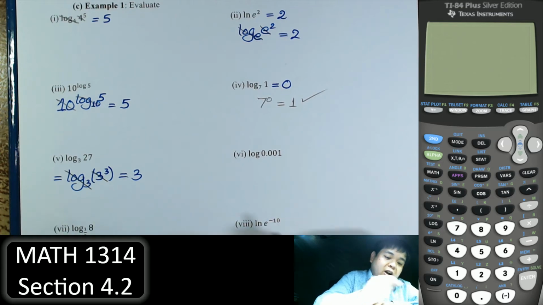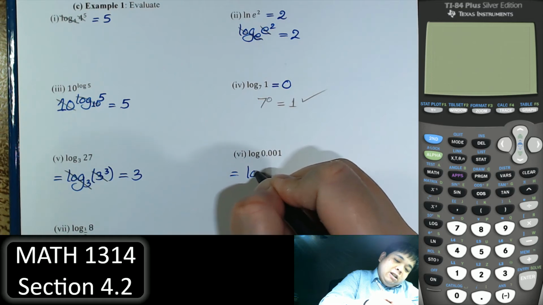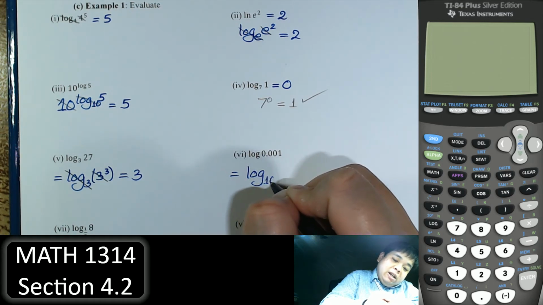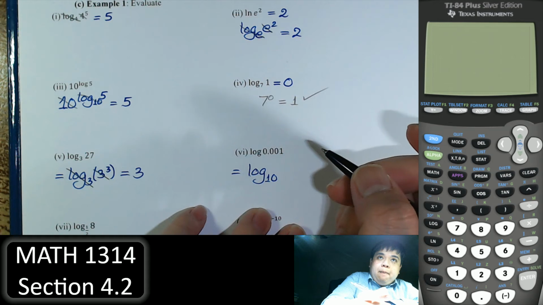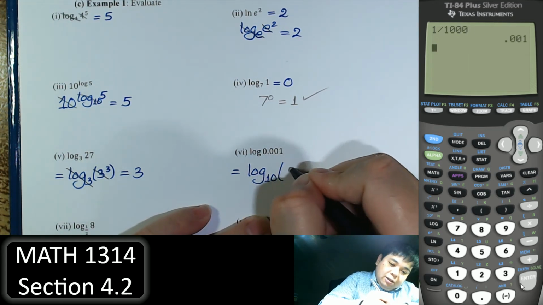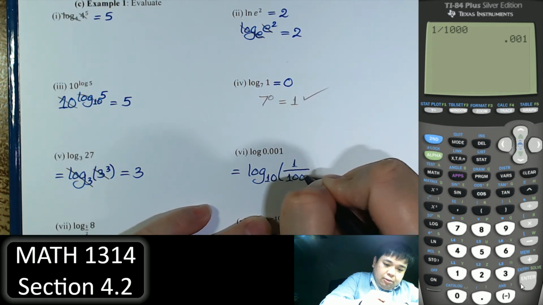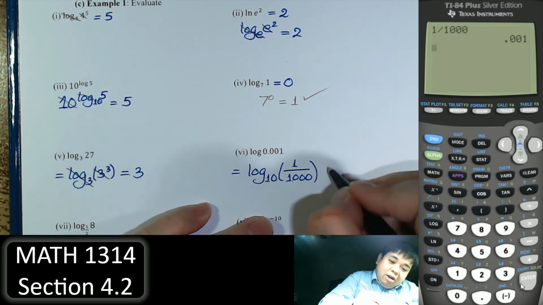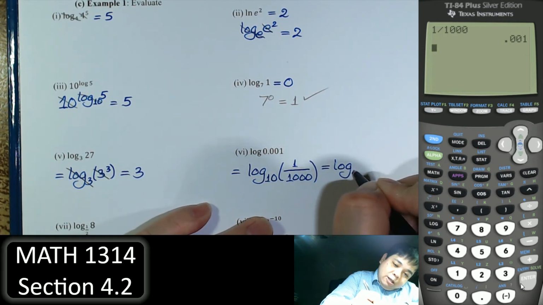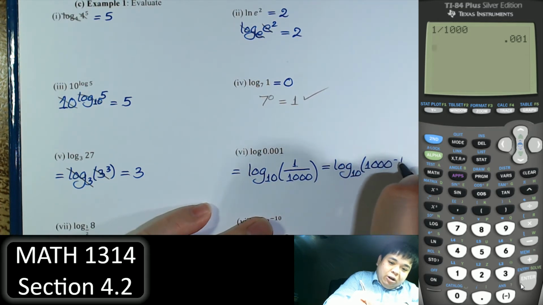Right, next we have log of, this is a common log, so let's just rewrite this as log base 10 of 0.001. That is like 1 divided by 1000, which we move to the top, it becomes 1000 to the negative 1.